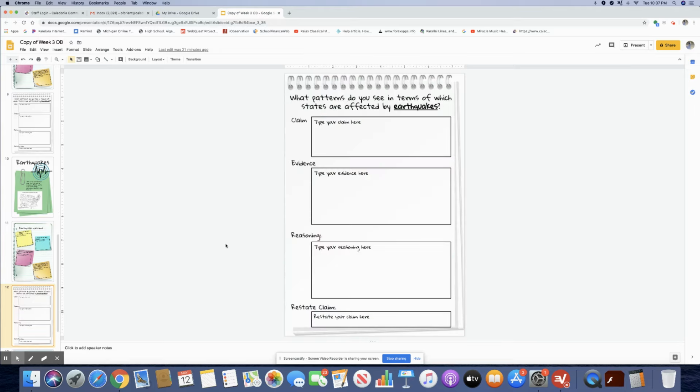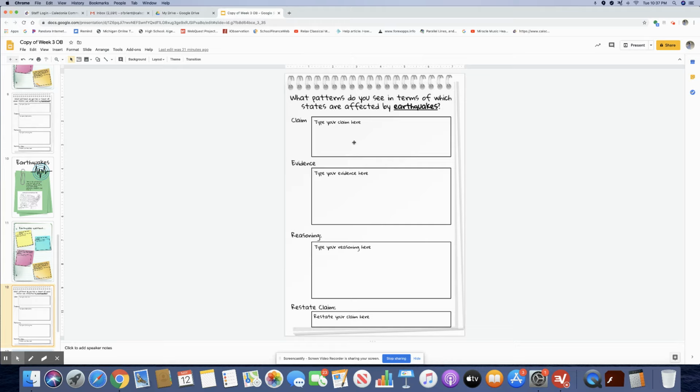Okay, then go to 12. What is your claim? Earthquakes occur in this part of the United States the most because, well, if I were you, I'd try and find out by looking at where the earthquakes occur the most. That's where you've got to be near the fault lines the most, right? So you can make a claim, hey, there must be fault lines close to here.